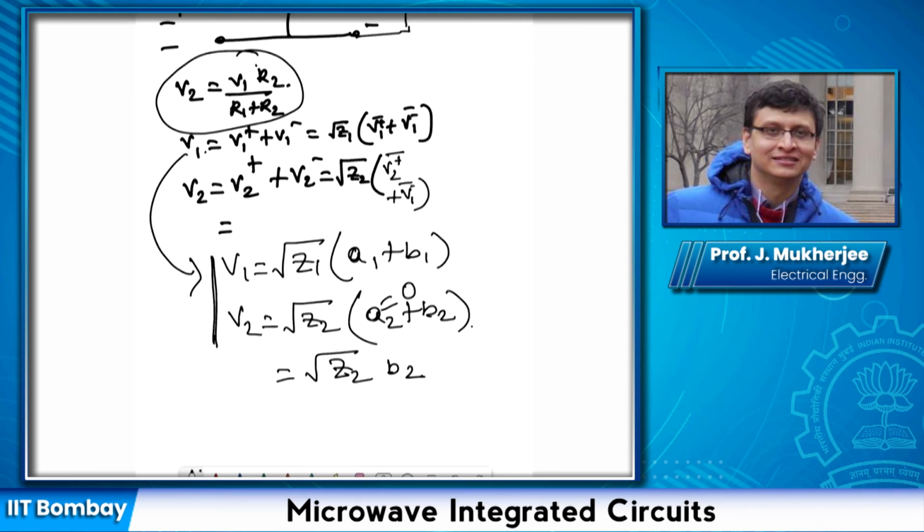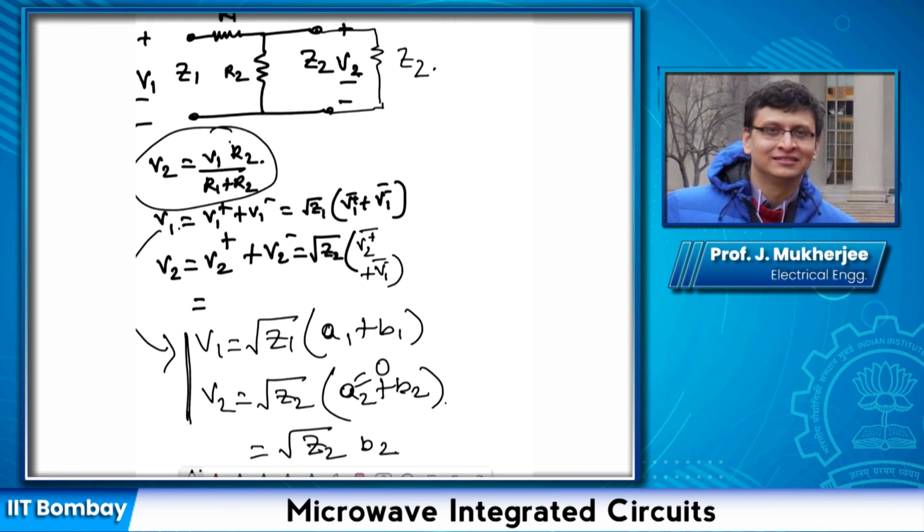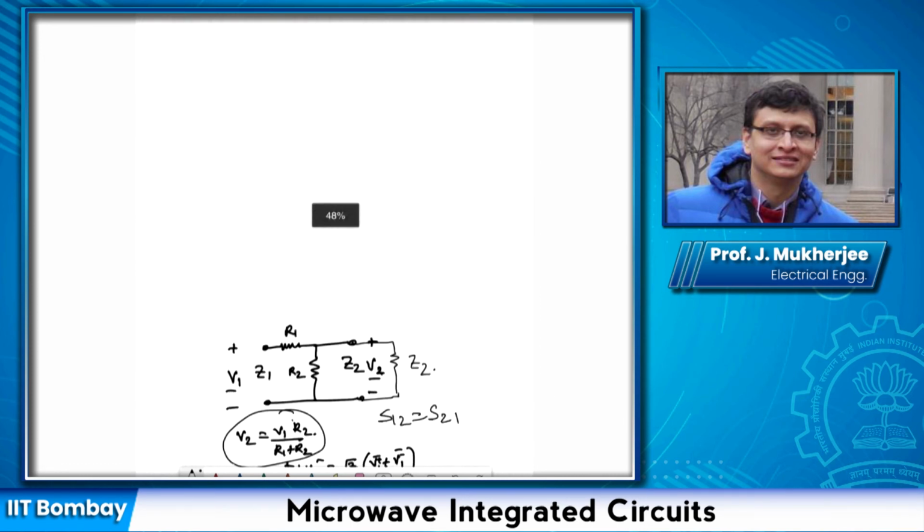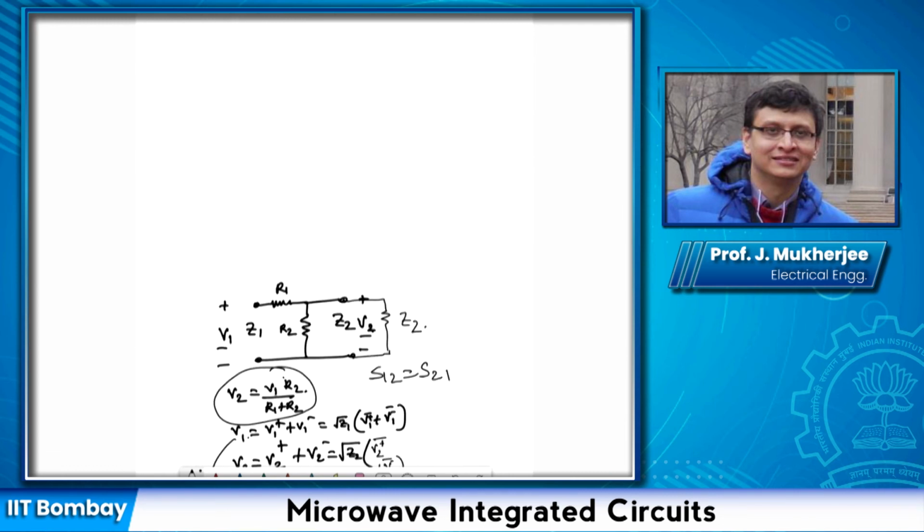Also note that because this is a reciprocal network, hence S12 will be equal to S21, okay, but this is not a lossless network. For example, in the previous network where we had a reactance jX, we could use those equations that we developed for lossless networks to find out, for example, that S11 magnitude will be equal to S22.